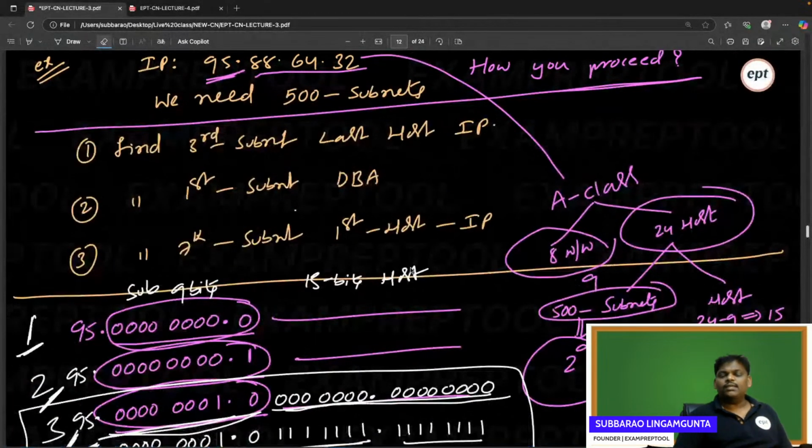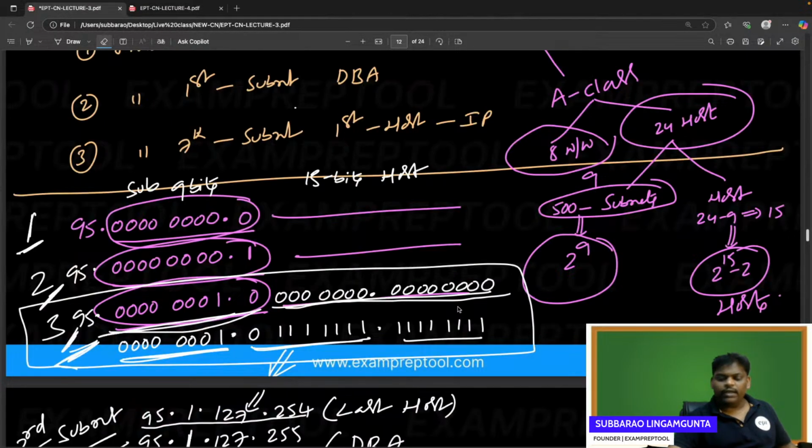The question here is, given an IP, one IP is given, we need 500 subnets. How do you proceed? It is a class A, which means 8 plus 24. 8 is network, 24 is host. But subnetting means I have to divide the host part. So I divided.